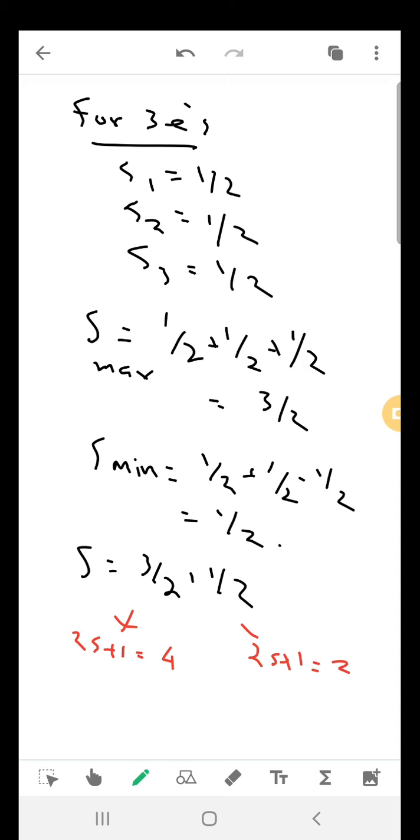So we will have 2 sets of doublet and 1 set of quartet. So this is what is called a quartet, and this one is a doublet.